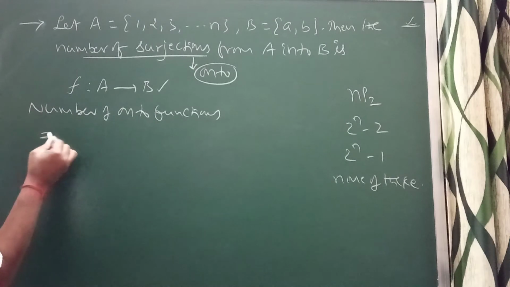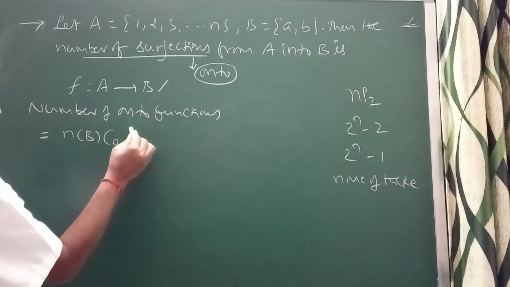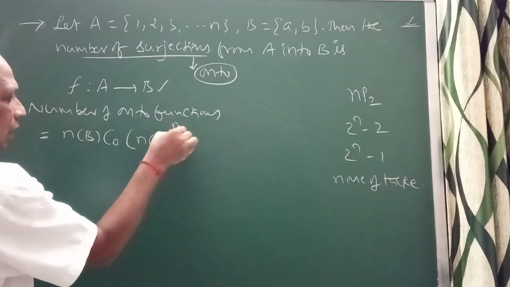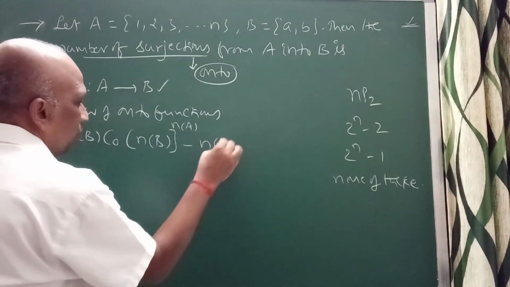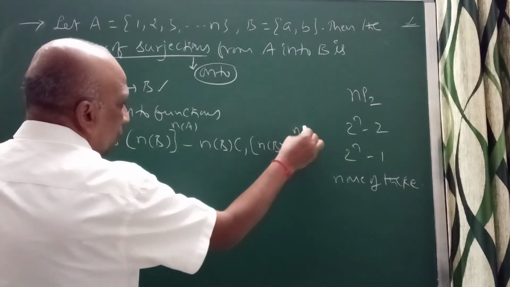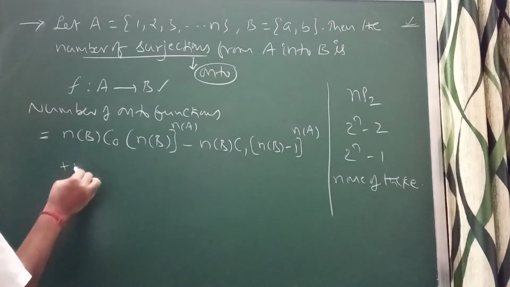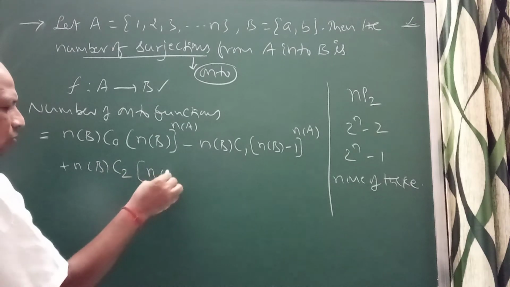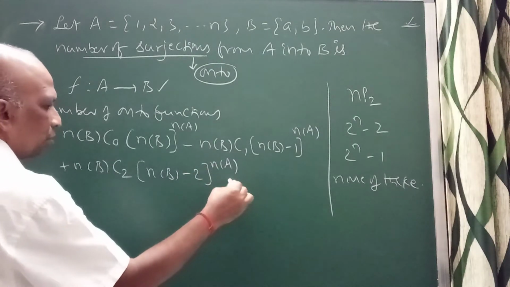This will be equal to, you remember, nC0 n of B whole power n of A, minus nC1 (n of B minus 1) whole power n of A, plus nC2 (n of B minus 2) whole power n of A, and so on.